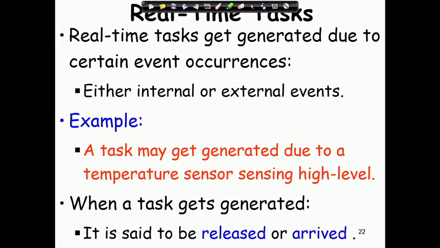In a typical application, there are a large number of real time tasks, and these get generated due to event occurrences. Some of these events may be internal events or may be external events. Just to give an example, a task may be generated when the temperature sensor senses a high temperature. Then the task could be to reduce the temperature, maybe to start a water shower and so on.